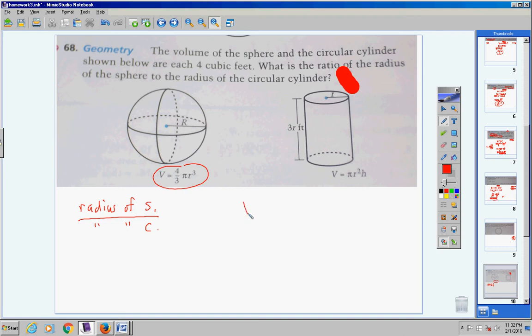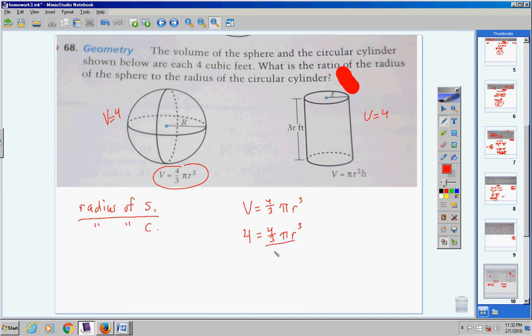Here's my formula. Volume equals 4/3 pi r cubed. They tell me the volume for both of these is 4. So for this sphere, the volume equals 4. For this cylinder, the volume equals 4. So for volume, I'm going to put 4. 4 equals 4/3 pi r cubed.